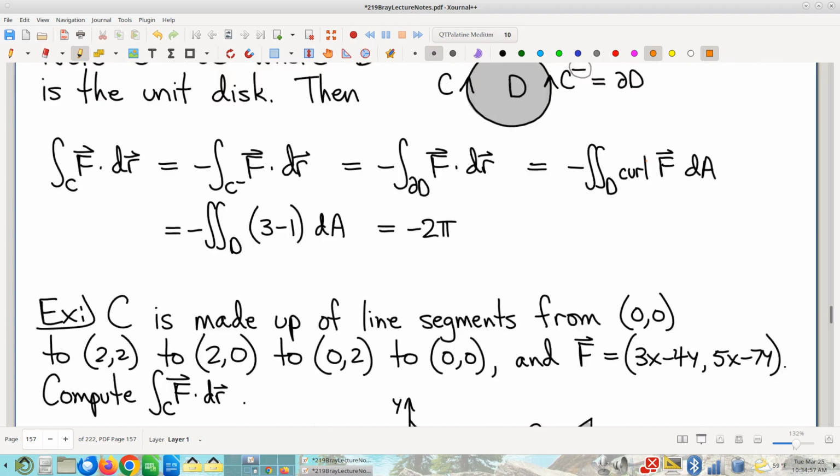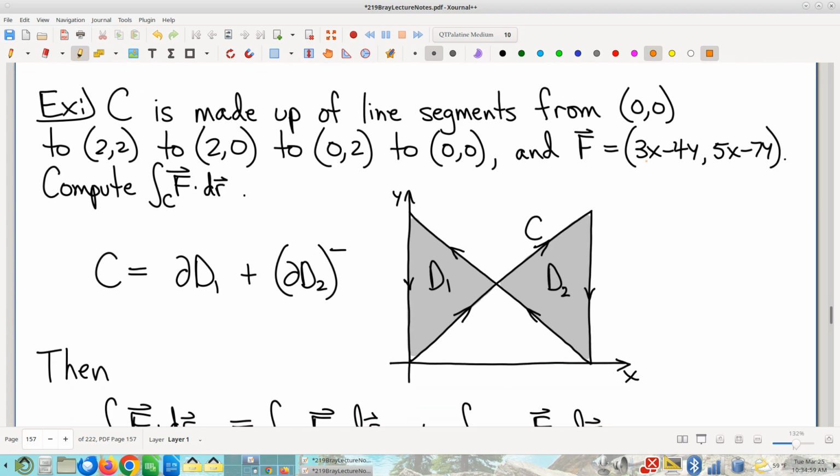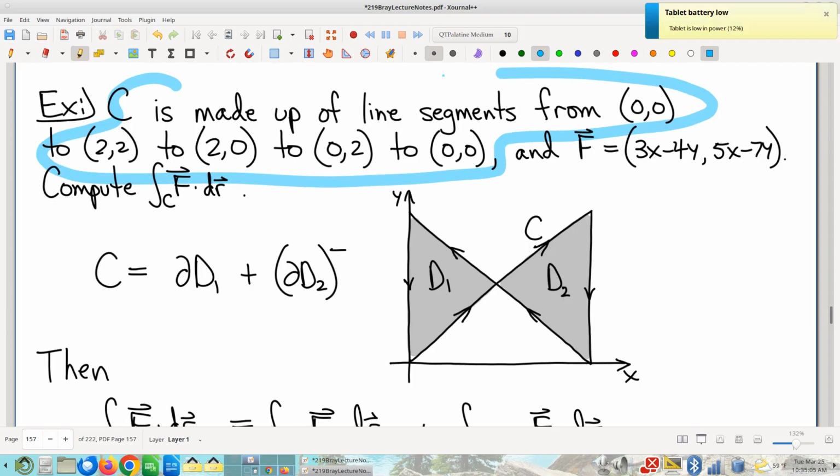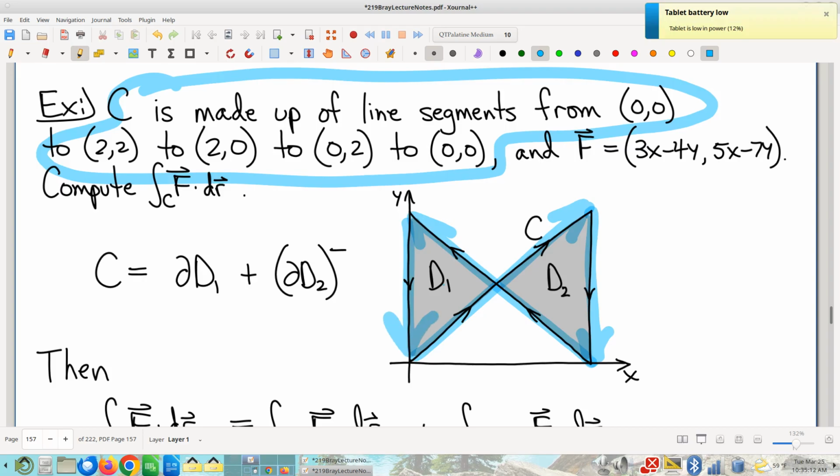Okay, here's another example. This one's a little bit trickier. Here, our path is made up of various line segments, like so. And that's the path over which we want to do a circulation.